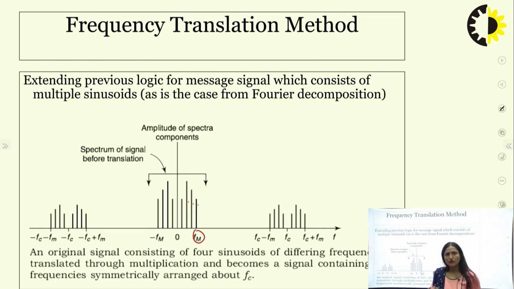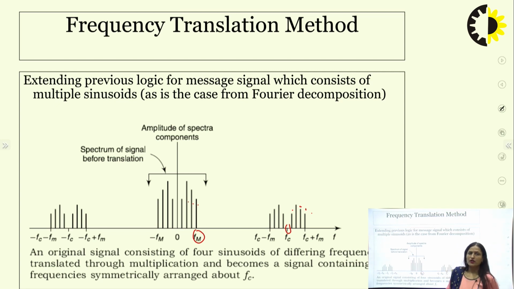Now when I do the frequency translation, these 4 frequency components are transferred from FM to FC plus FM. Here is your reference point FC. So FC plus FM gives 4 components and FC minus FM again gives 4 components. So the original signal consisting of 4 sinusoids of different frequencies is translated through multiplication and becomes a signal containing 8 frequencies symmetrically arranged about FC.